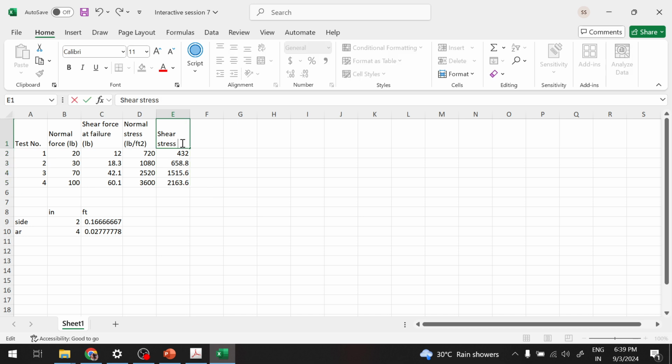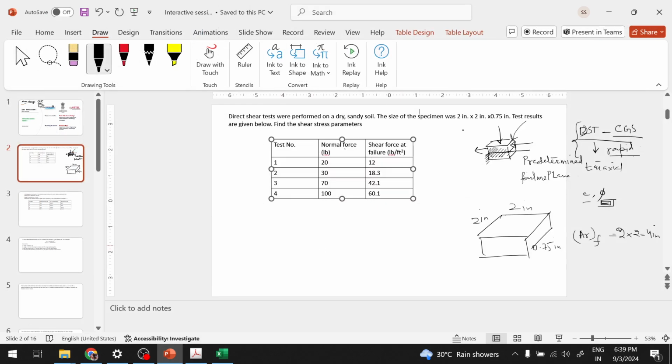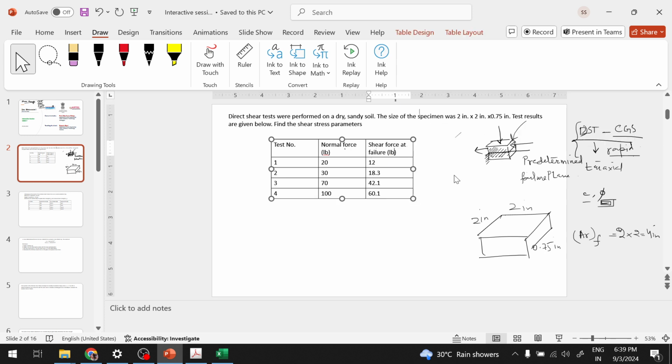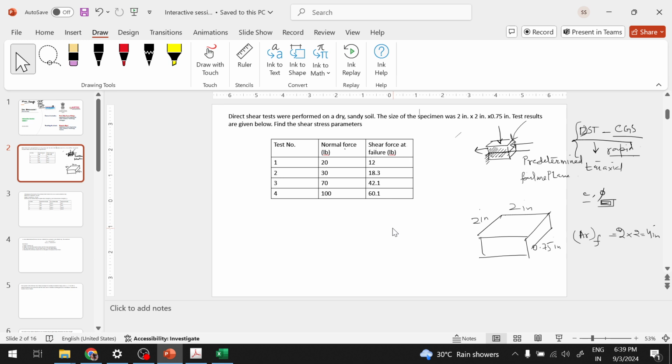Why we are doing this is because in direct shear test, we calculate the shear force. Okay, we calculate the shear stress, the normal stress, and then we plot a graph between normal stress and shear stress.